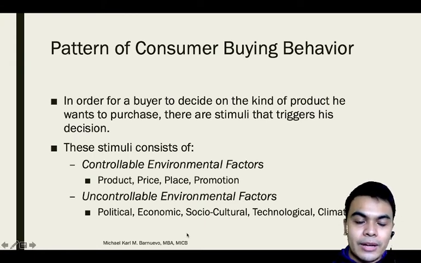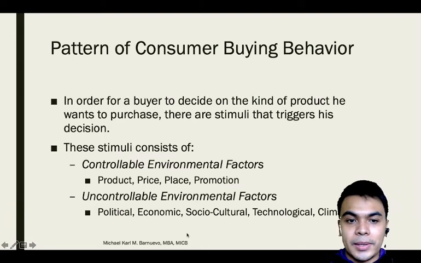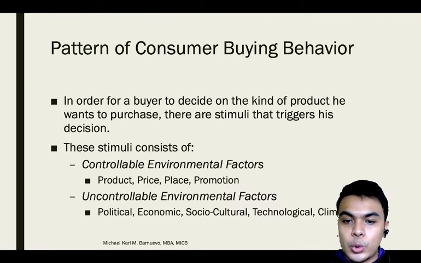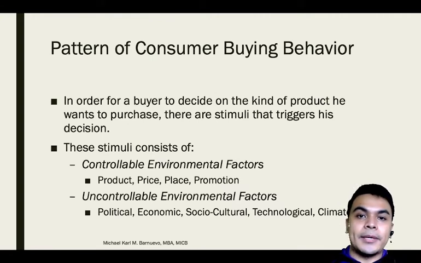For controllable, we have the 4 P's in marketing, your marketing mix: product, price, place, and promotion. We have 100% control. While for uncontrollable, we have the political, economic, socio-cultural, technological, and climate.